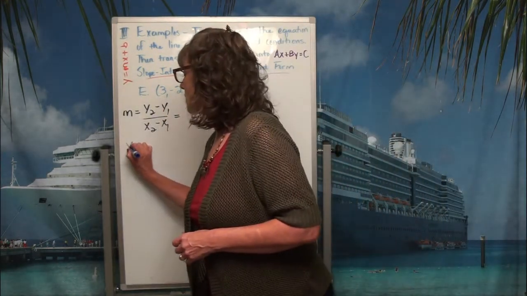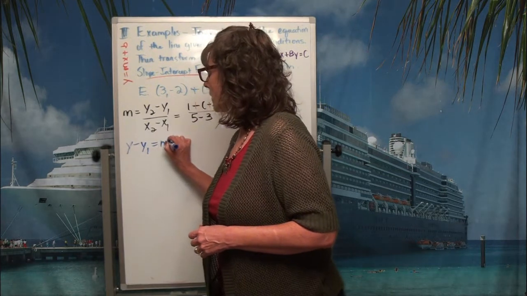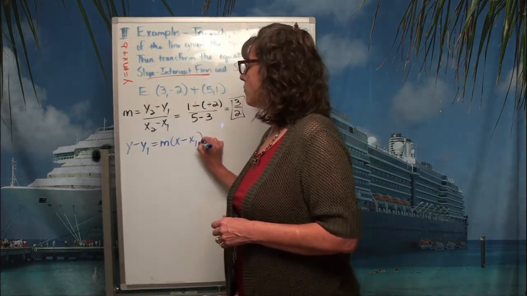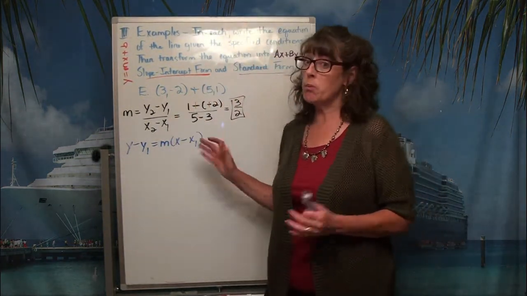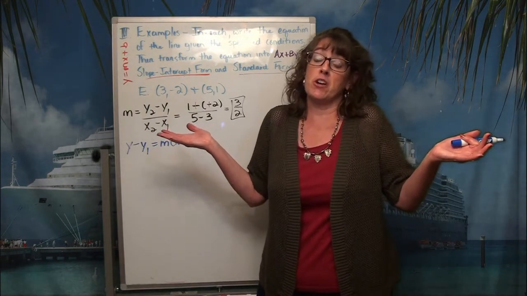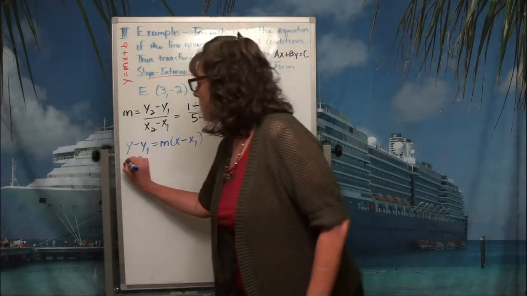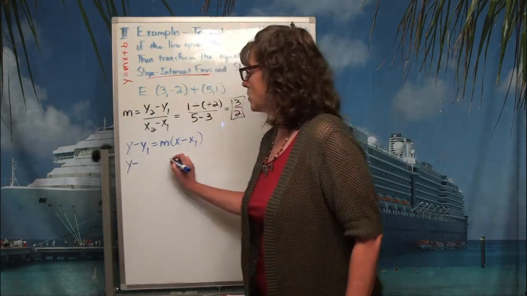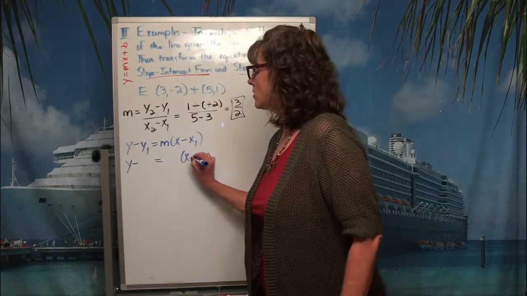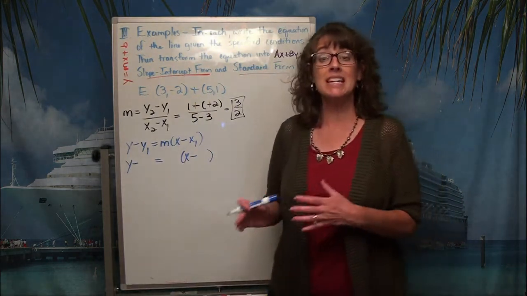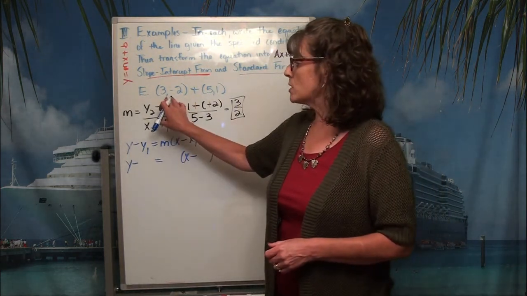So I'm going to start here with the first point, and I'm going to plug it into that point slope form. Because remember, when I've got a point and a slope, hey, mathematicians are not creative. We call it like we see it. You better use that point slope form. So remember, I took the subscript off of this one to remind me it stays as a variable. I took the subscript off of this one to remind me it stays as a variable. I'm going to use this point.